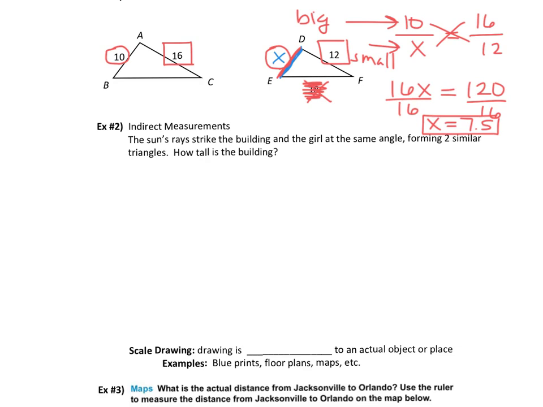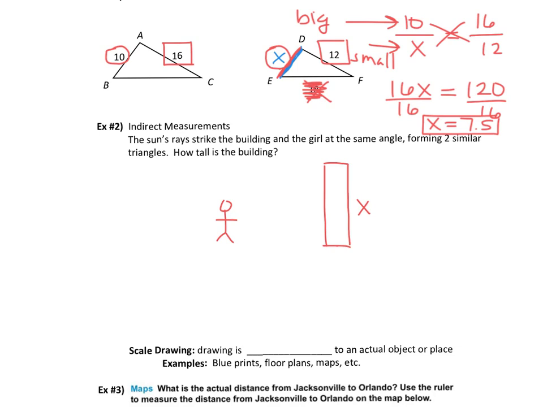And the sun actually plays a huge role when you're trying to measure something indirectly. If you think of it as there's a girl or a boy, I don't care what it is, standing here next to a building, which is here. This is not going to be to scale, sorry. We want to know how tall this building is, and we don't have a way to measure it just with a yardstick or ruler or anything.